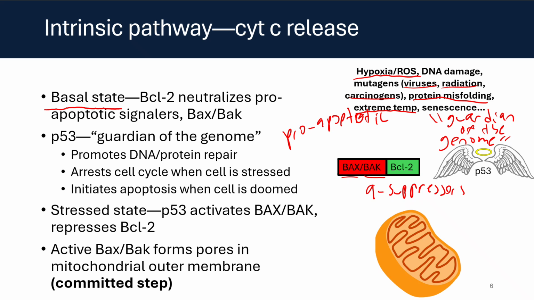If there is a little bit of stress going on, it will actually rally DNA repair mechanisms and also protein repair mechanisms if there's a misfolding crisis. If the cell is really stressed, P53 will arrest the cell cycle, and it says no more dividing until we're back to homeostasis. And if that doesn't happen in a certain time frame, well, P53 makes the tough call and triggers apoptosis.